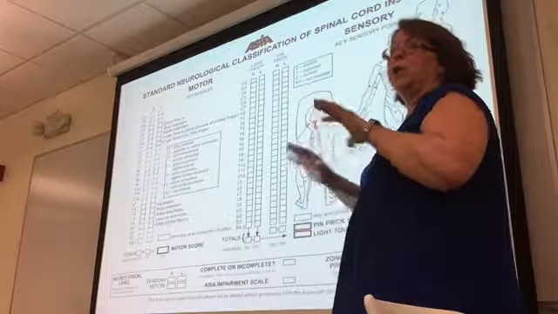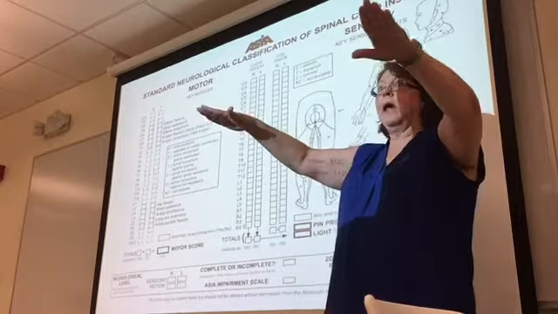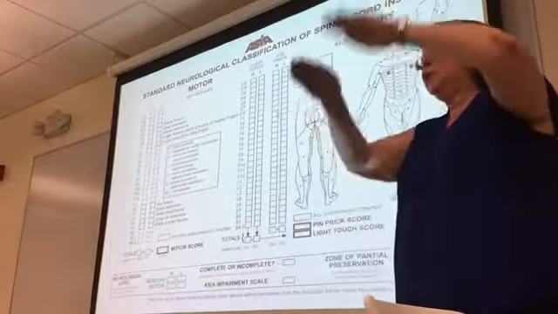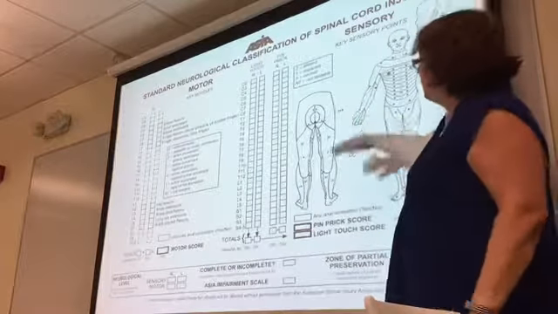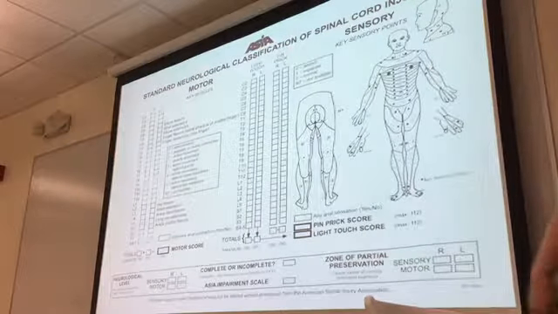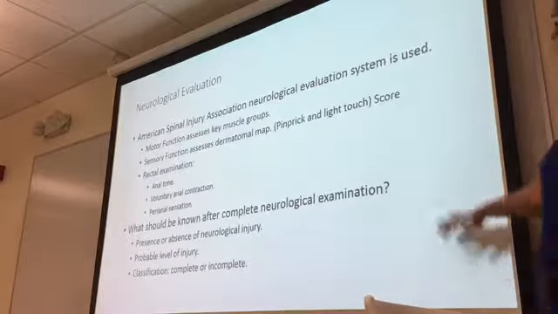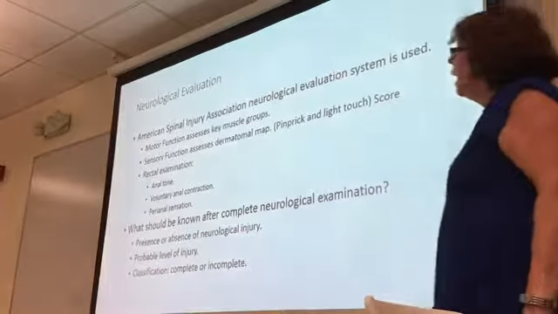So we can know which level, because it's not always at the same level. You can have sensory injury somewhere and motor somewhere else. So we have to figure that out. Again, I myself couldn't memorize this chart, but just know there is a chart that we can use to determine the level of injury.